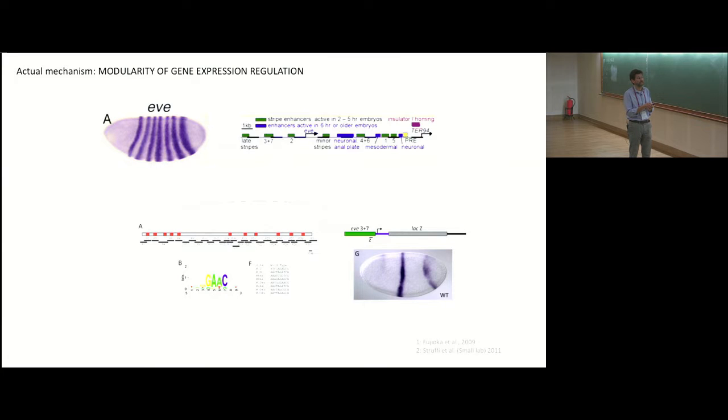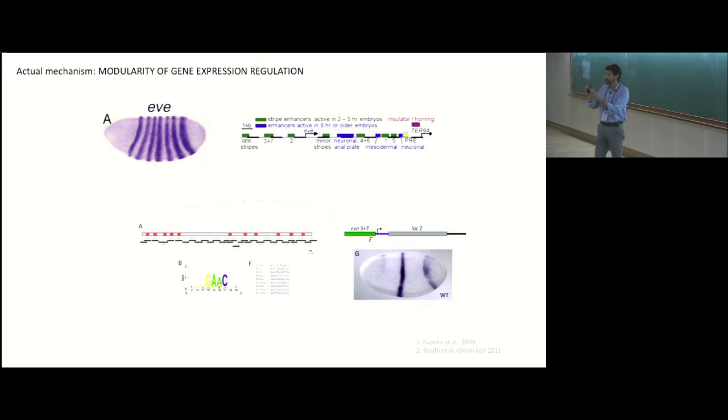Here you have a little stretch of this enhancer element, and when we read it, we will see that in these positions, the transcription factor prefers binding a G, followed by an A, followed by an A, followed by a C. That's the preferred sequence that this particular transcription factor, which regulates the transcription of the gene even skipped in this stripe, called Krüppel, likes to bind.